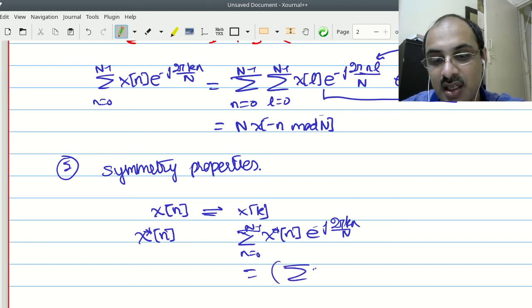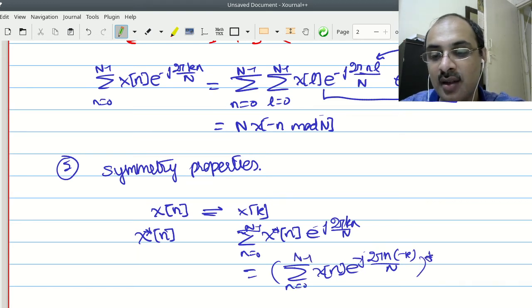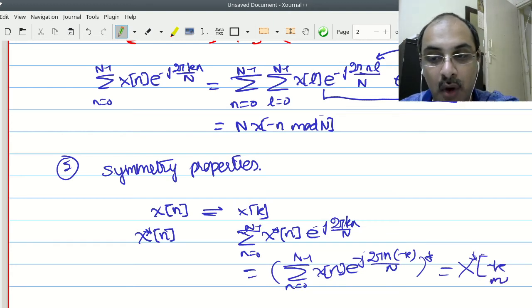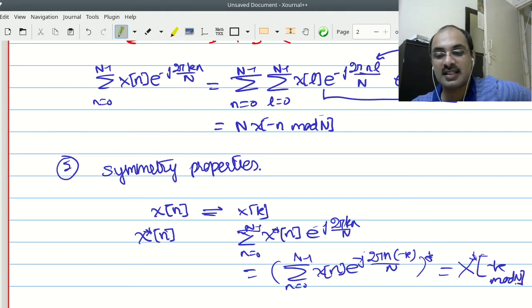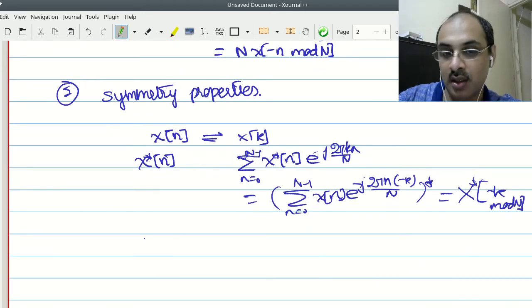So this is the summation of x[n] e power plus j 2 pi k n by N. I'm going to write it as minus j 2 pi n into minus k upon N, n runs from 0 to N minus 1, whole conjugate, and this can be shown to be just X star of minus k, of course mod N. Even the DFT has the mod N property. So it's X star of minus k mod N. This is what happens when you take a conjugate.